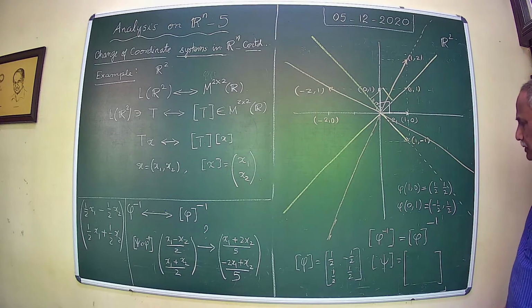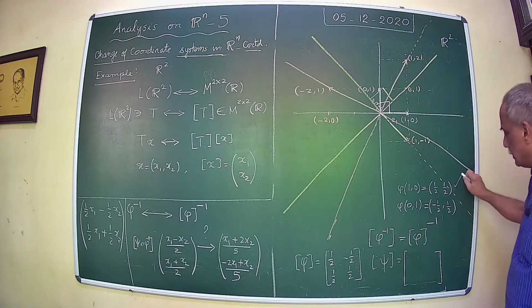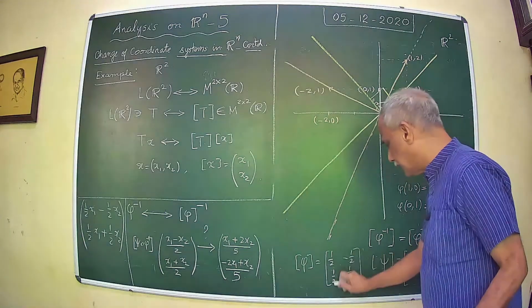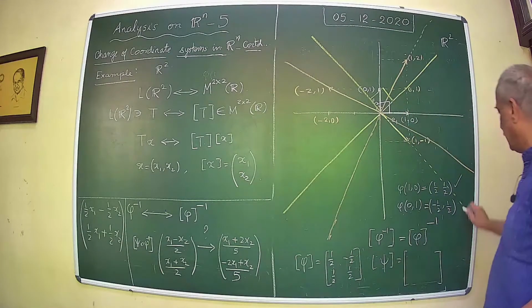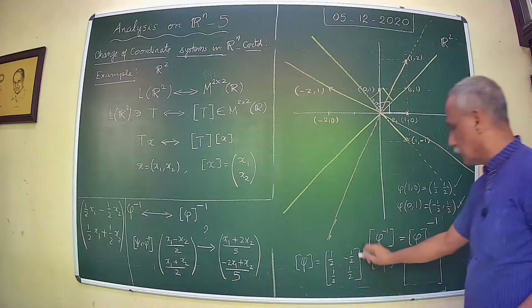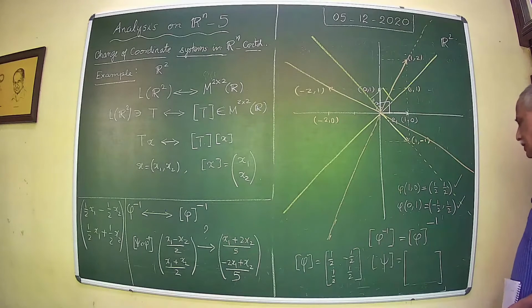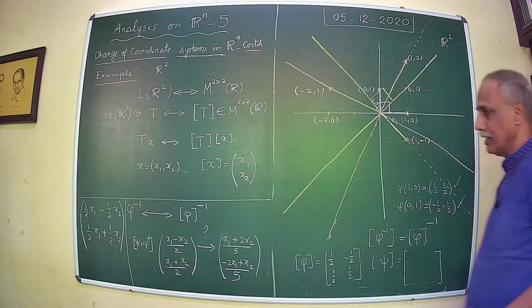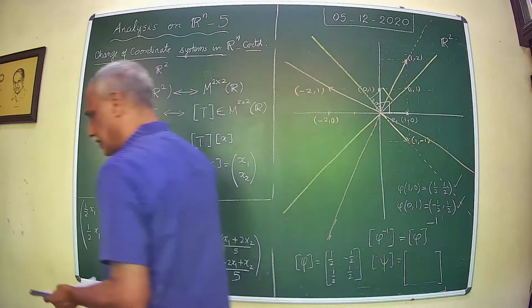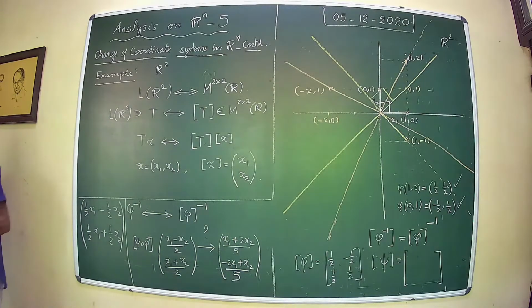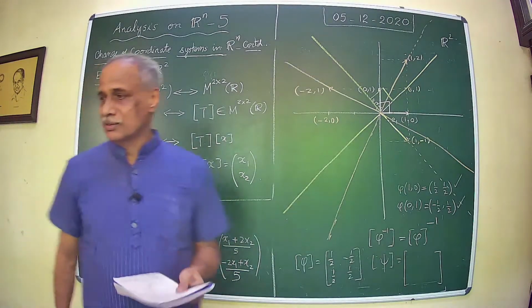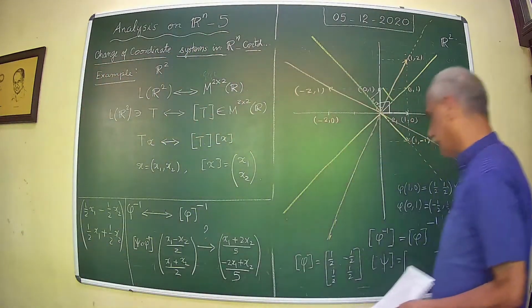So this part comes out as the first column vector here, and this comes as the second column vector here. That's an observation that we make, and we will see whether this observation is really true or not.